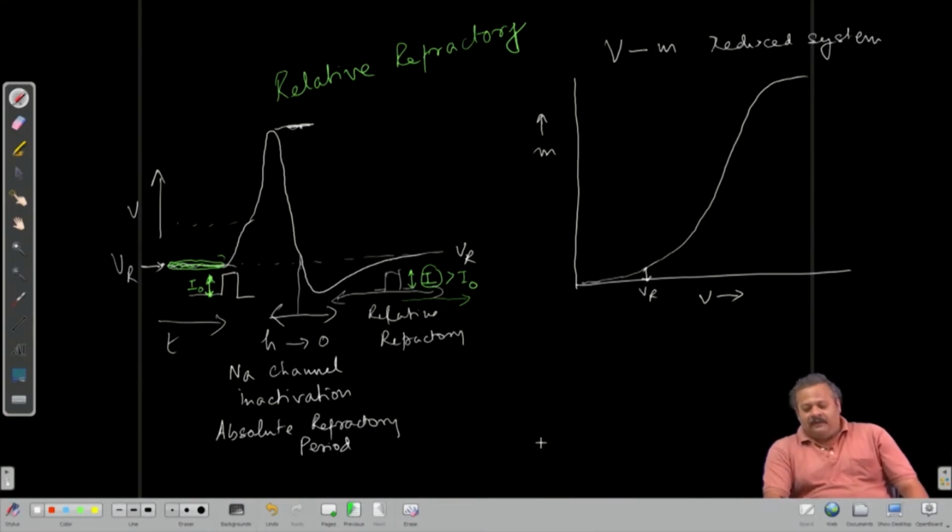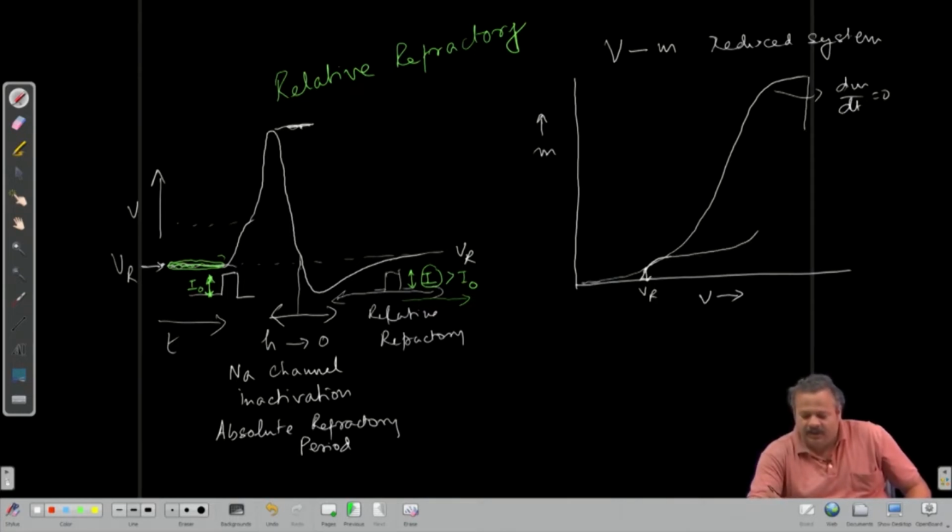And at V rest, when there is no external current, I external is 0, and M, N and H have their steady state values at V rest. Then if we draw the dV/dt equals 0 null-line on top of the usual dm/dt equals 0 null-line, we have this behavior as we have shown earlier, where this particular node, the lowest one, which we will call R, the resting node, is stable.